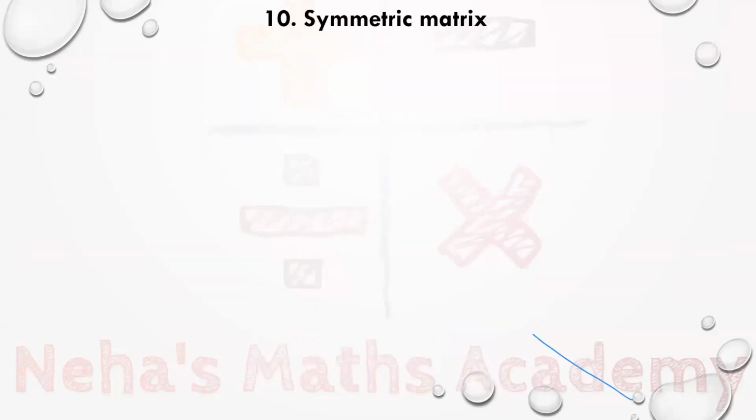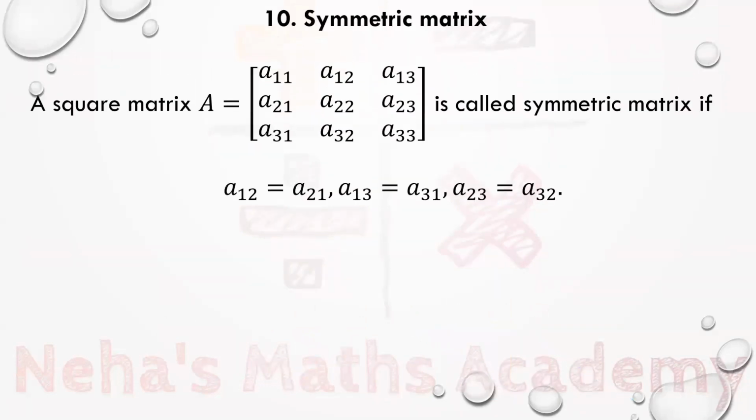Next is symmetric matrix. A square matrix A is called a symmetric matrix if A12 equals A21, A13 equals A31, and A23 equals A32. Now, what is A12, A21? It is the element corresponding to first row, second column, and the element corresponding to second row, first column.